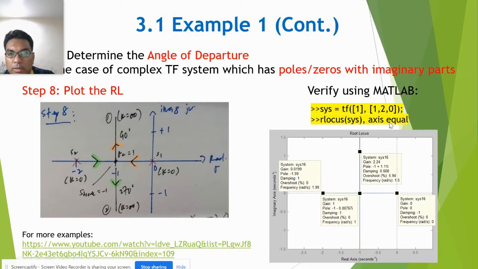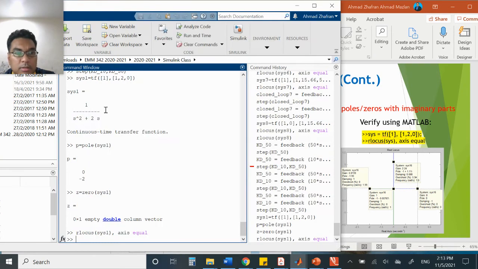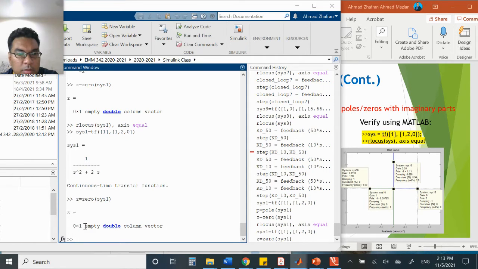As usual you can plot it. I just recall back the system, which is 1 over [1 2 0], so you can confirm this transfer function. Also, as usual, you can confirm your zeros and poles. For the zeros, there are no zeros.